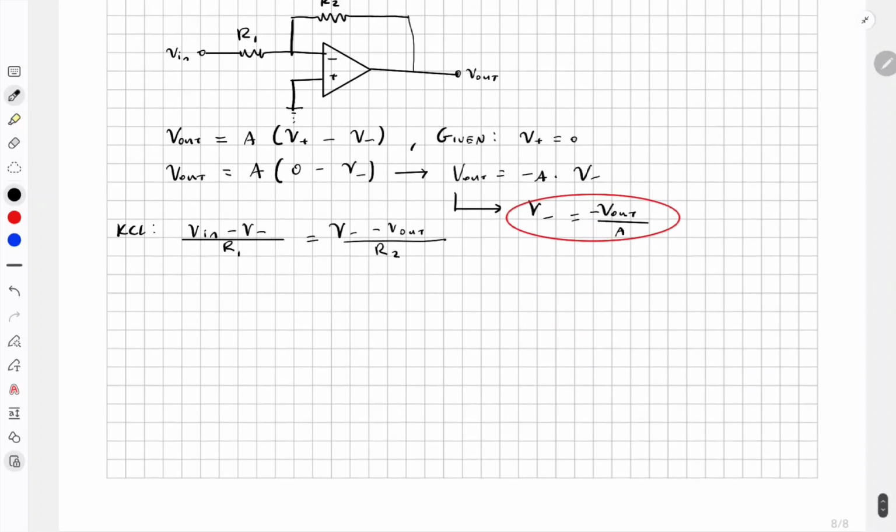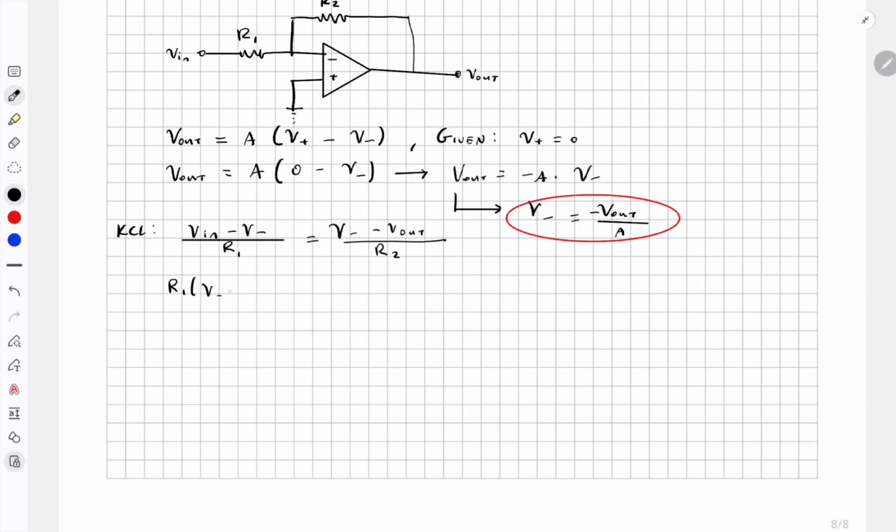Now do cross products. So R1 times (V minus minus V out) is equal to R2 multiplied by (V in minus V minus). We're going to sub in this value for V minus.